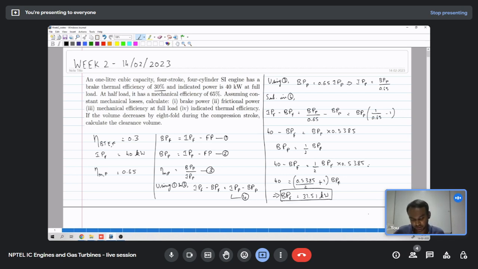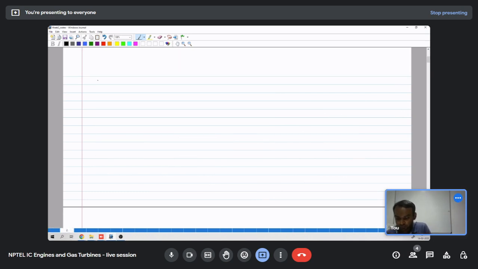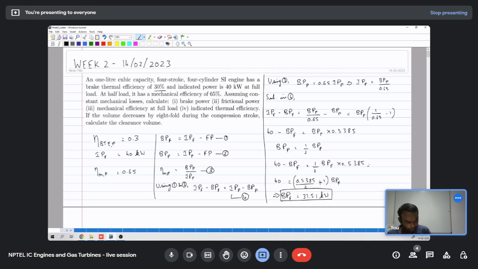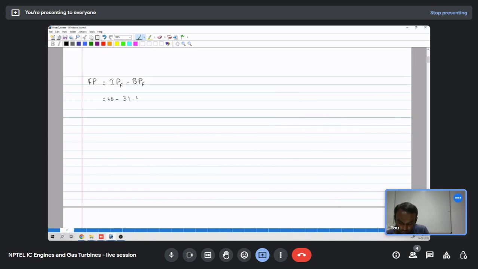Now we can calculate friction power. Friction power is equal to indicated power at full load minus brake power at full load. This is 40 minus 31.51, which is 8.49 kilowatt.